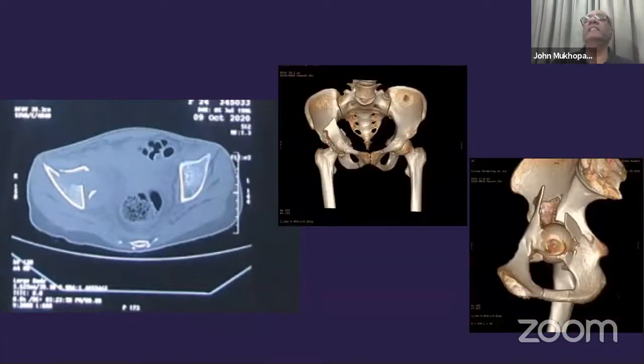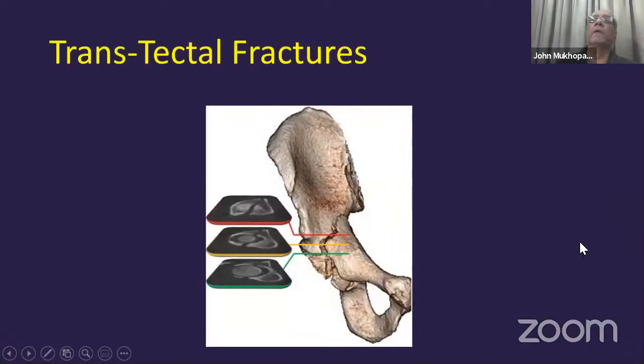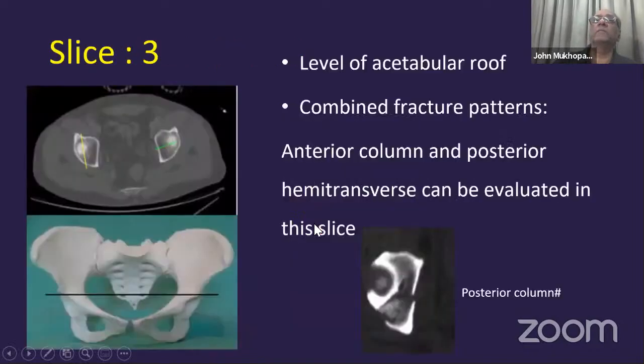And if you look at the 3D CT scans, it shows you how the anterior column is involved at this level. It also shows you that this fracture also goes into the posterior column, but it's not very displaced. It's just a crack line going through to the posterior column. It also helps you in the transtectal fractures, which are the high transverse fractures.